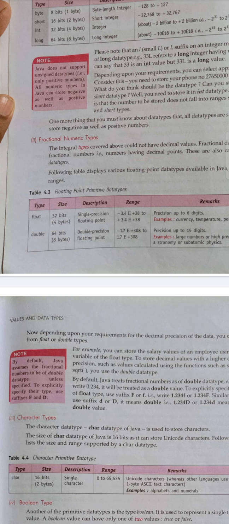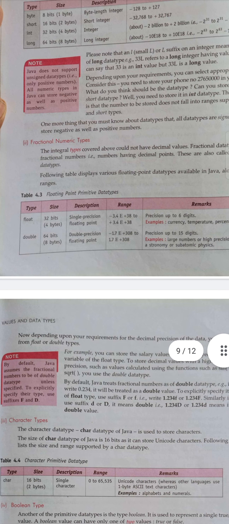Now, by default, if we want to represent any value in decimal, we write float f is equals to 1.23f, small f or capital F. And for double, we can write double d is equals to 3.141, then capital D or small d.